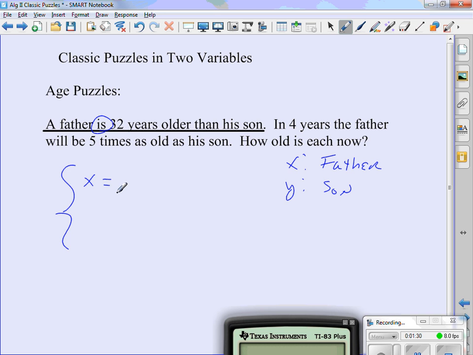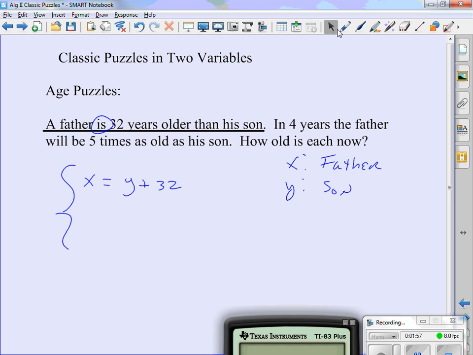X equals, now it's 32 years older than his son. So I'm going to have y plus 32. The son plus 32. That's only the first equation. Period ends the equation. I'm done with that one.